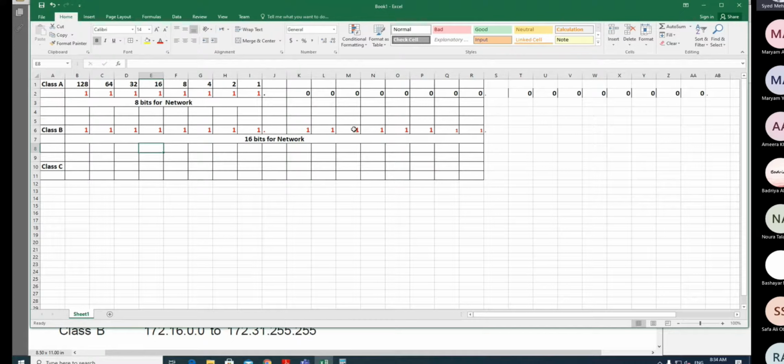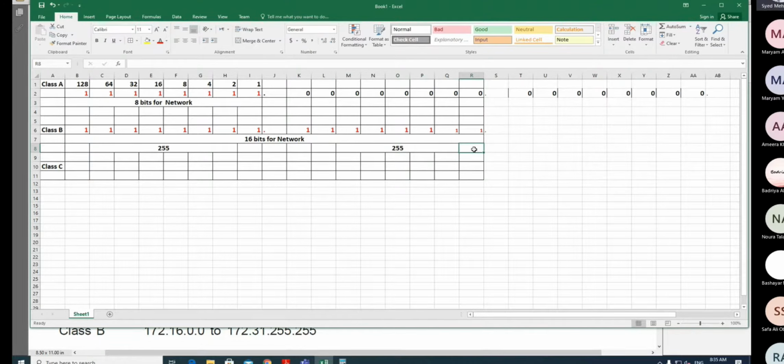255.255. Suppose you need to write here, what will you write? You can write 255 because all bits are 1. If all bits are 1, it means this is 255. And here all bits are 1, so this is also 255.